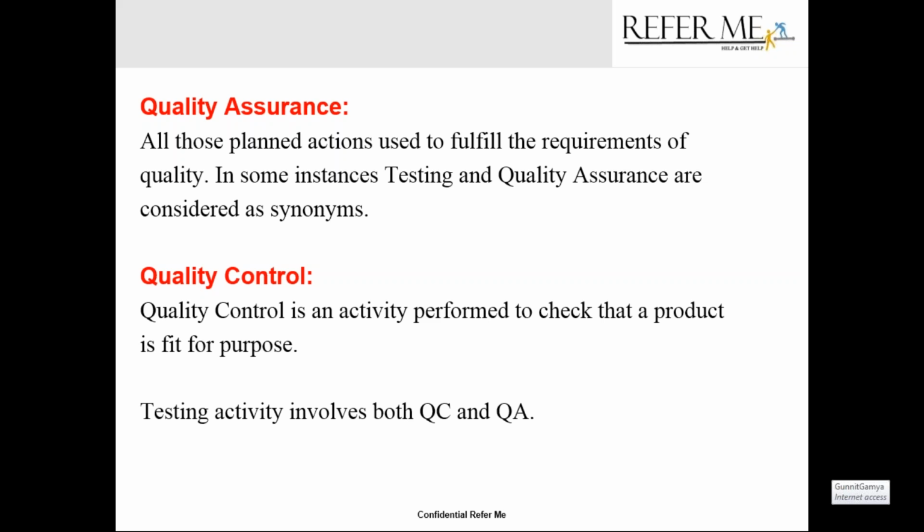In quality control, we look at whether we are building the right product or not. In quality assurance, we make sure that the application we have built is working properly or not. It is the validation part, assurance, and quality control is the verification part.